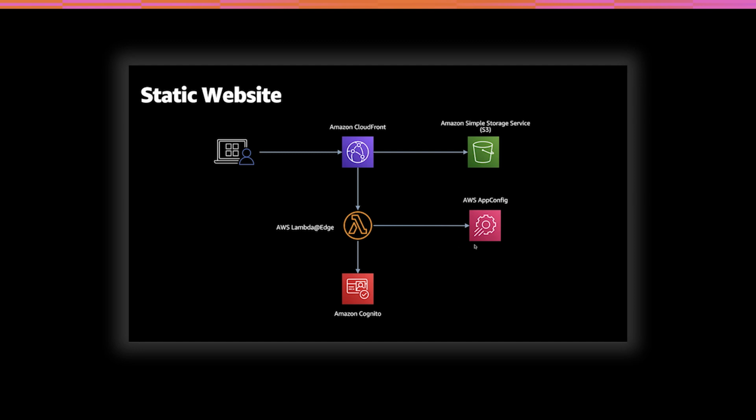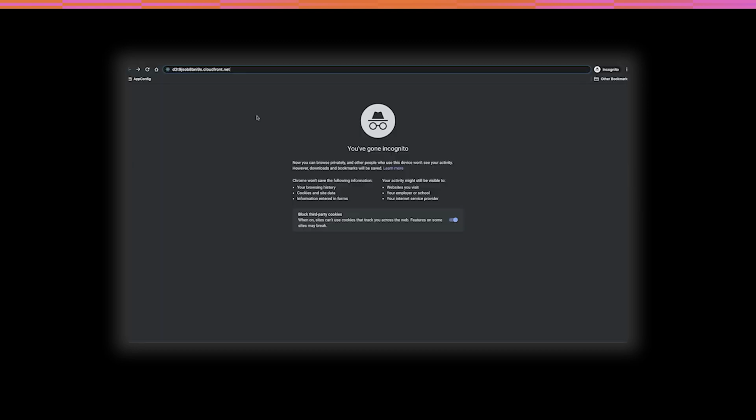If a user is not present in the allow list config pulled from AWS App Config, our Lambda at the edge function will send the user to a temporary page stating that our website is not yet available and inviting them to subscribe for email notifications of when the website launches. Let's take a look at what this looks like in practice.